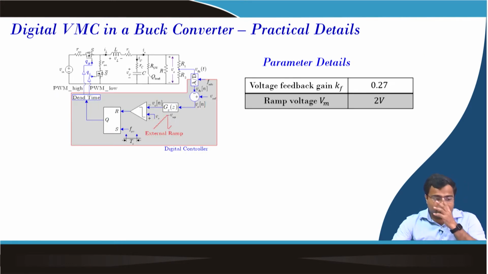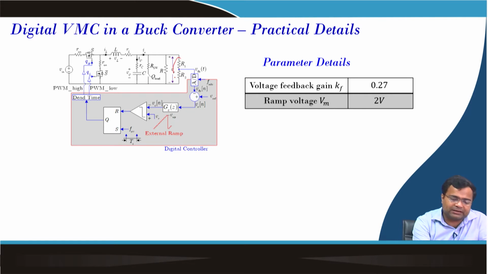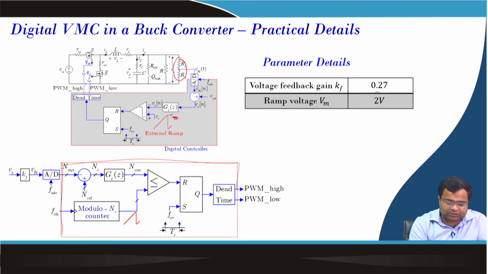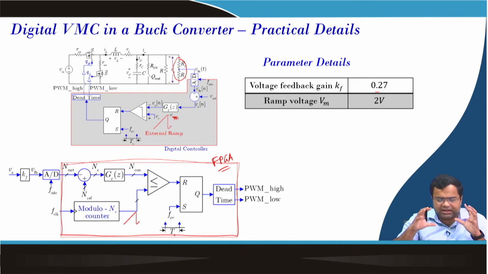Then we also have considered the feedback voltage gain, which is 0.27, and a ramp voltage of 2 volt, the VM ramp voltage. We have also discussed the Verilog HDL synthesis of this, which we have kept in an FPGA device. That implementation also we have discussed multiple times with live video demonstration.